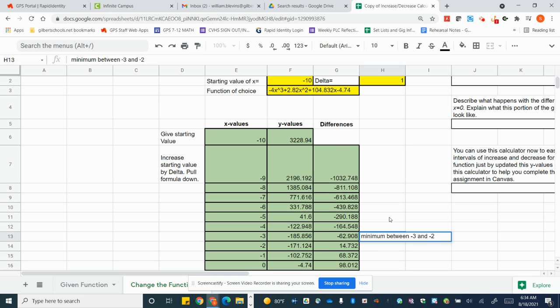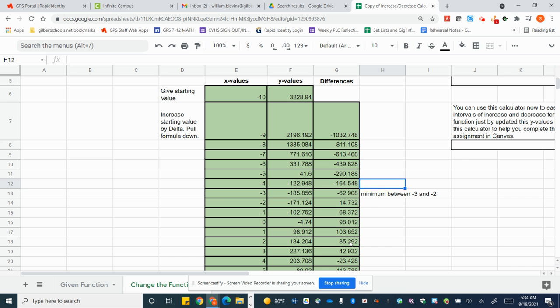Okay? So this part is exactly the same process that we saw earlier. Now, before we try to drill in and figure out exactly what it is between there, let's also figure out the general location of our maximum, and we look for the same sort of change, just in the opposite order.